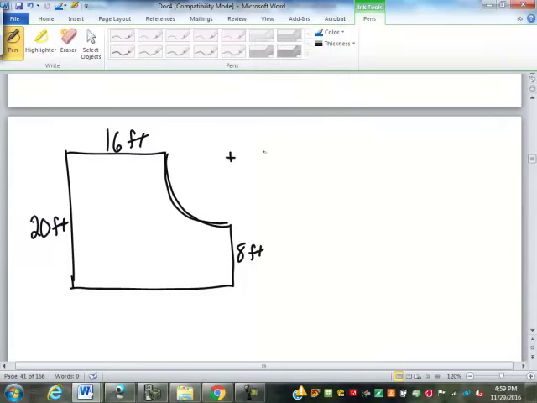To find the area of this, the only way I can do it is to find the area of this big rectangle and subtract out that quarter circle.